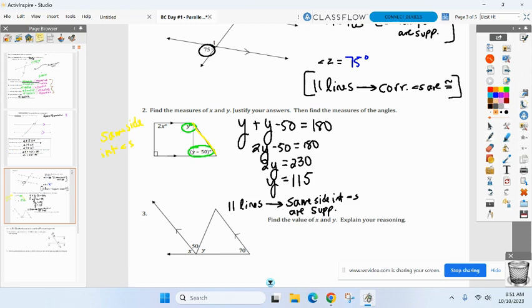Perfect. So what's the equation going to look like? 2x plus that right angle, 90, equals 180. There we go. Yep.